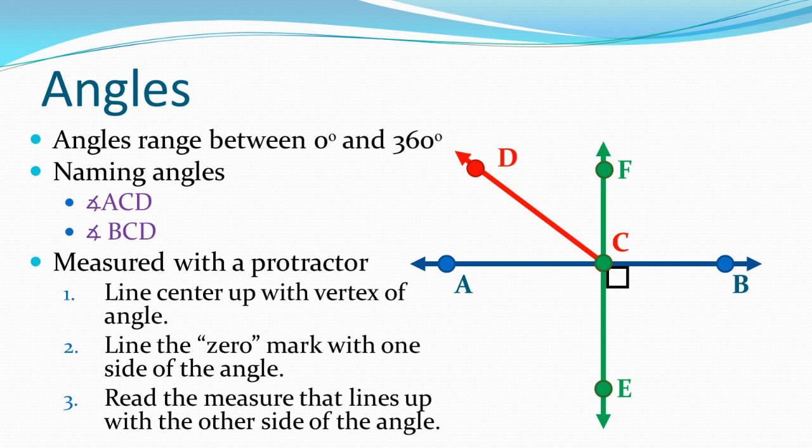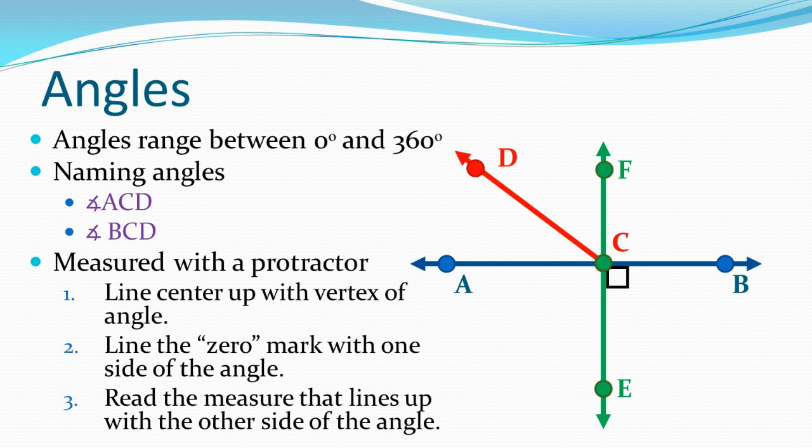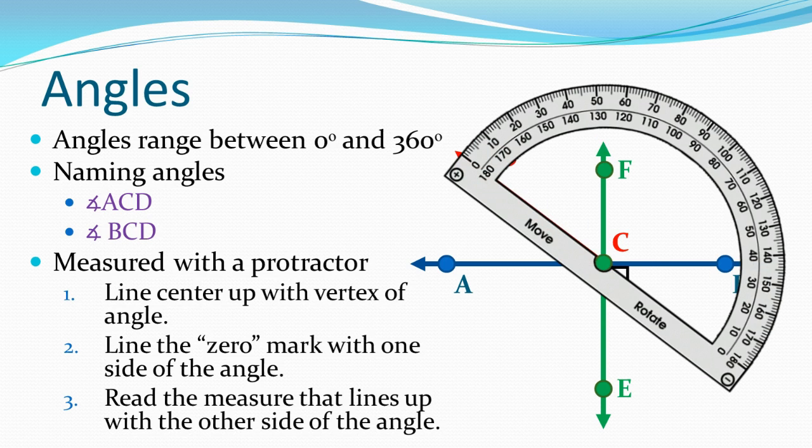So I start by lining up the center of my protractor with the vertex. Protractors have little circular parts. I'm going to line that up over my vertex. Next, I'm going to line up the 0 mark. Notice there's that little red arrow. So I took my one side, my red side, ray DC or ray CD, and I lined up the 0 mark of my protractor with that line.